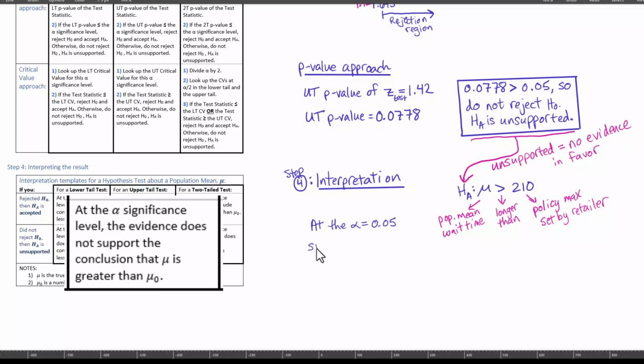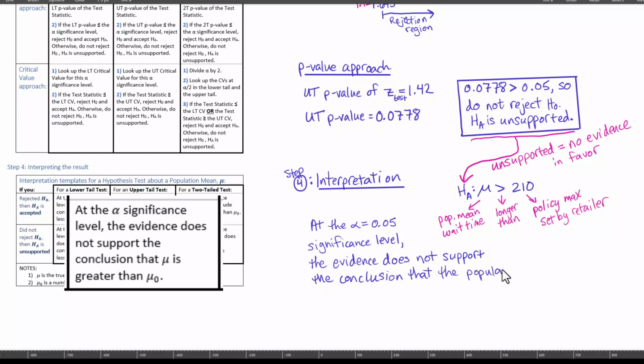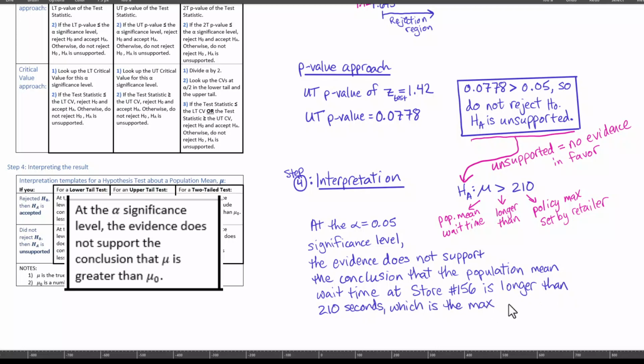So the interpretation is at the alpha equals 0.05 significance level, the evidence does not support the conclusion that the population mean wait time, which is mu in this case, is longer than the policy maximum set by the retailer, which is 210 seconds.